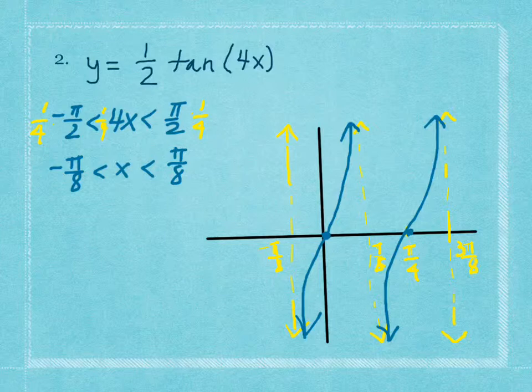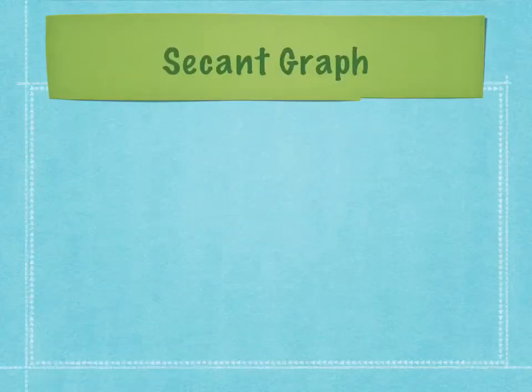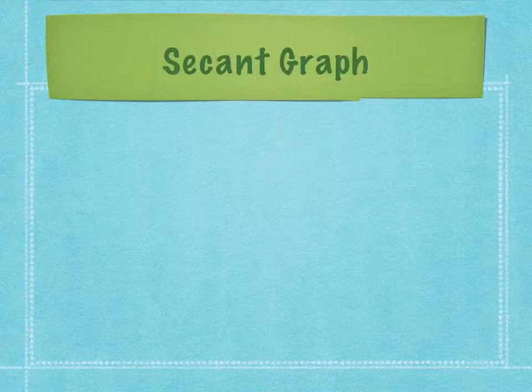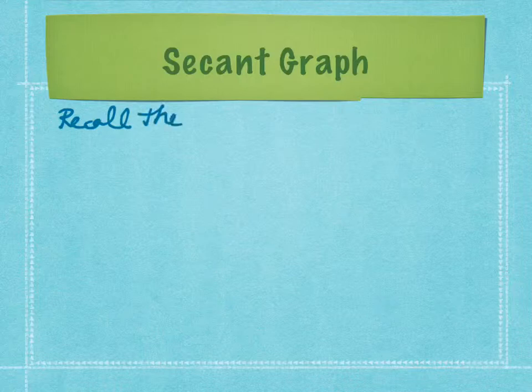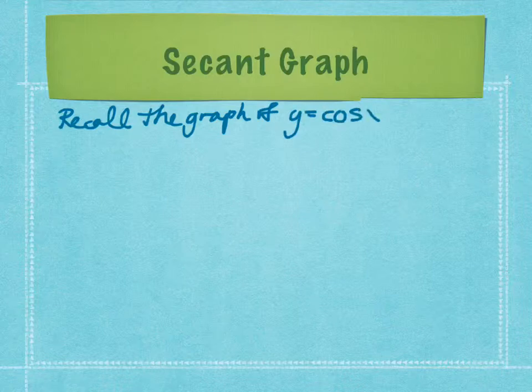Alright, so this was tangent, cotangent. We have 2 more graphs that we haven't talked about, and that's secant and cosecant. Alright, so to do secant, what you have to recall is its reciprocal. So recall the graph of y equals cosine x.